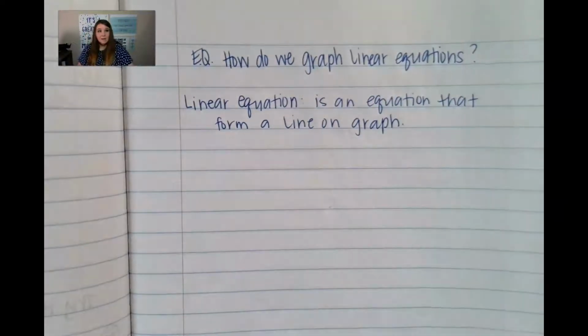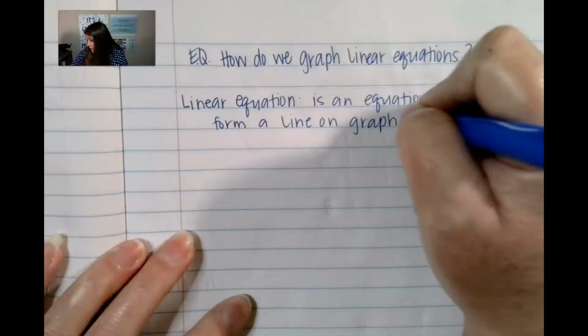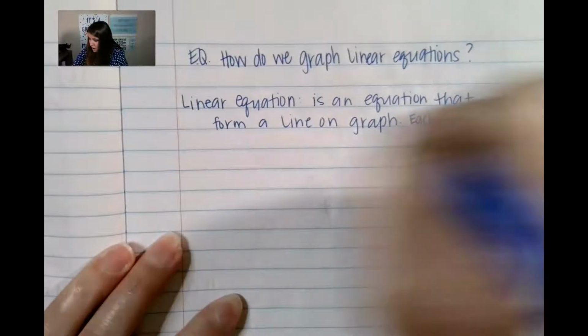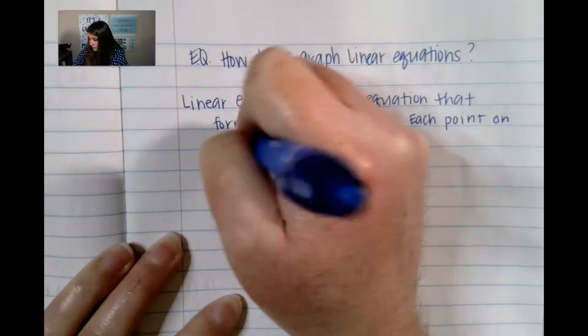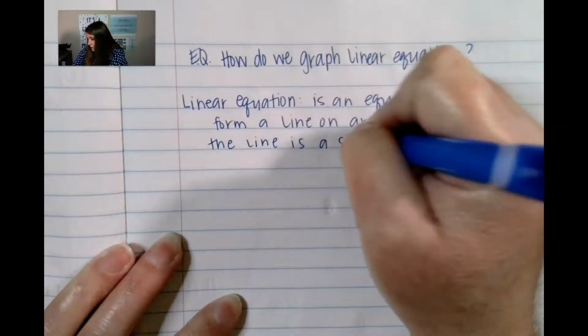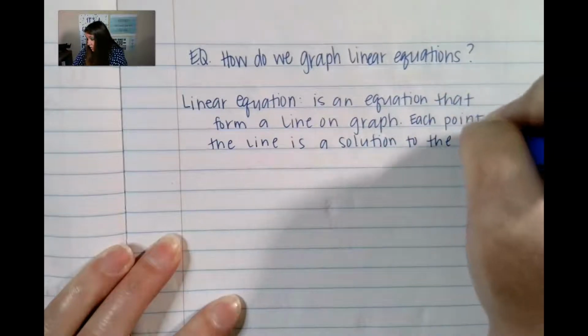The awesome thing about the points on the line is that they are a solution to the equation. So each point on the line is a solution to the equation.